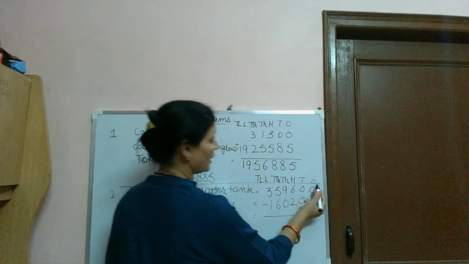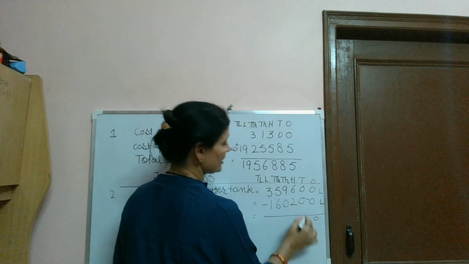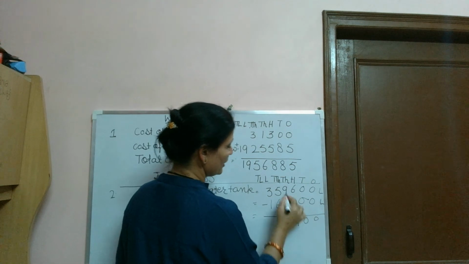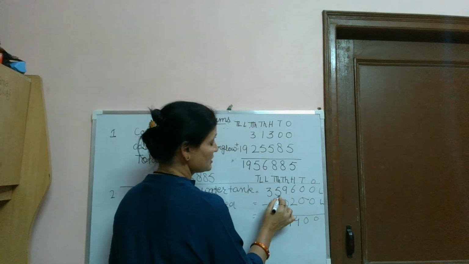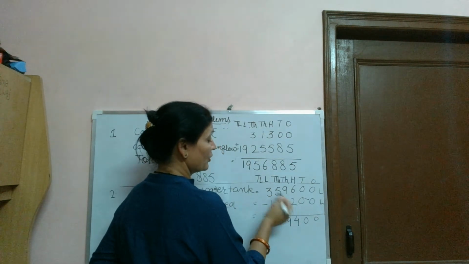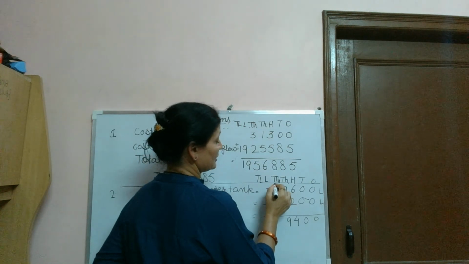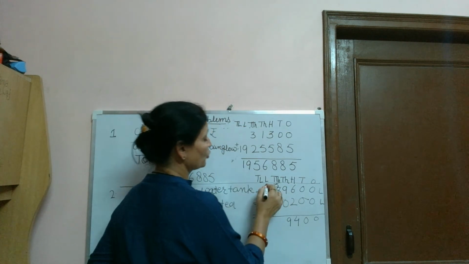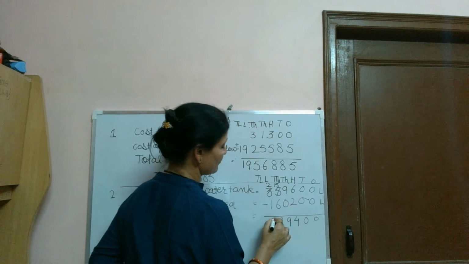Below ones are 0 and 0, so we will write 0. 0 minus 0, 0. 6 minus 2, 4. 9 minus 0, 9. 5 is less than 6. So we will take 1 from lakh. There will be 15. Below lakh, 2 is left. 15 minus 6, 9. 2 minus 1, 1.